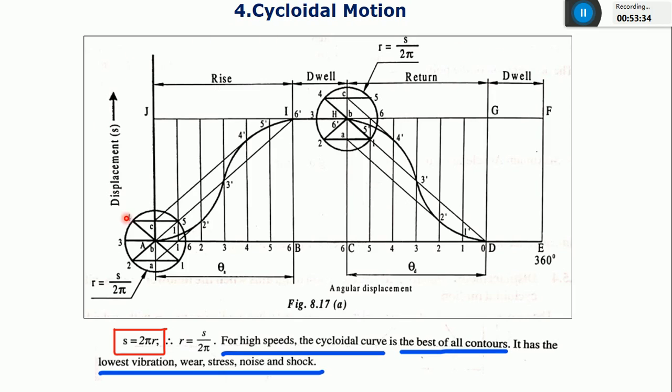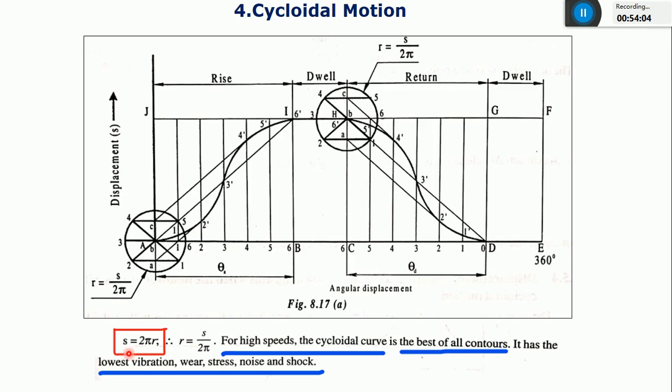This displacement diagram is plotted using a circle method, and you can consider the circumference of this circle will be equal to the displacement of the follower. For example, if the follower is moving from 0 to 40 mm, this small letter S, alphabet S, means the stroke length of the follower is 40 mm, and I would consider the circumference, that is 2 pi r, equal to the displacement of the follower.